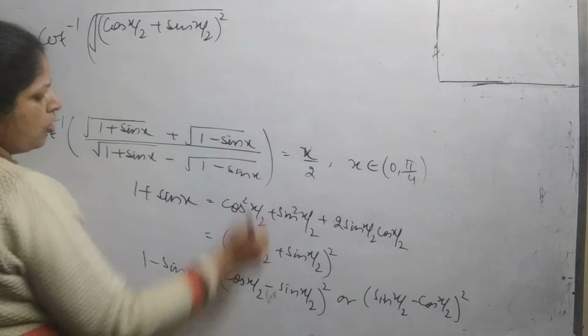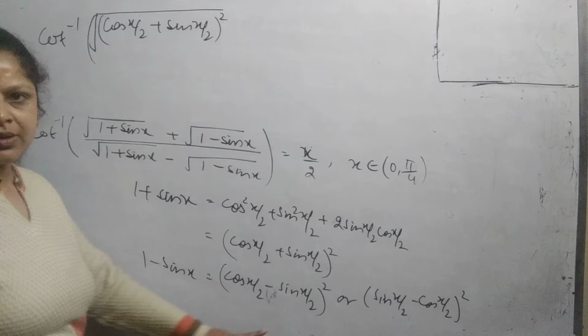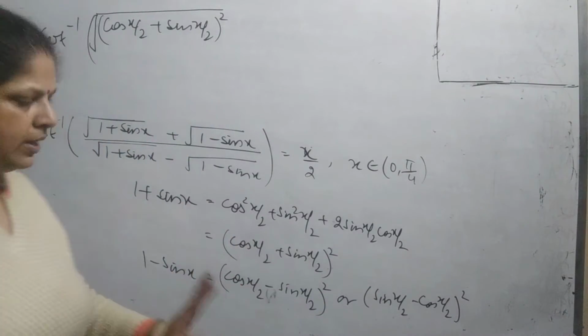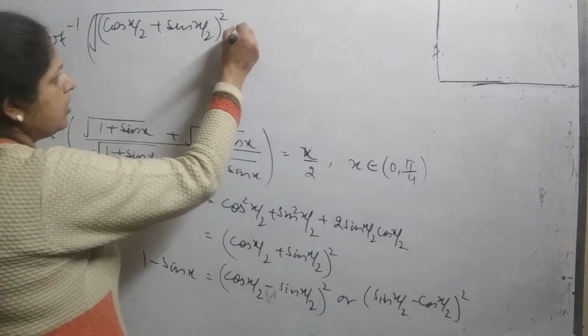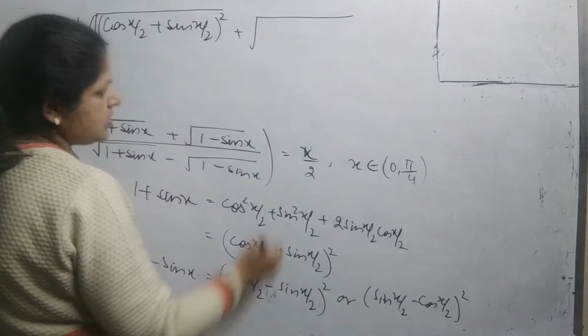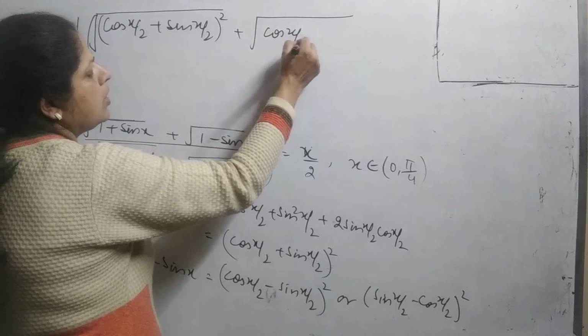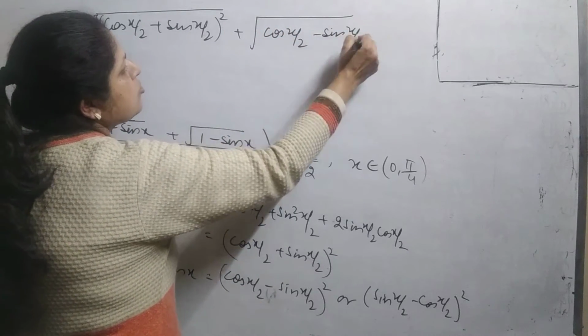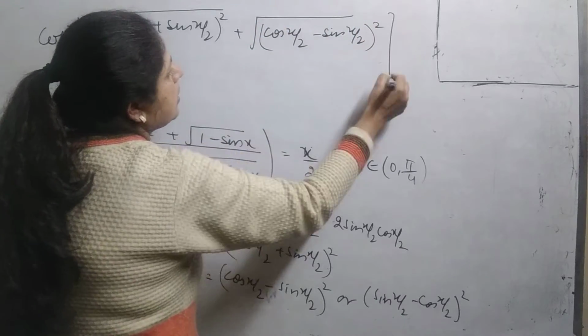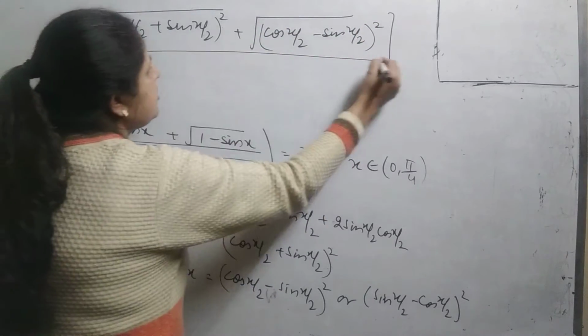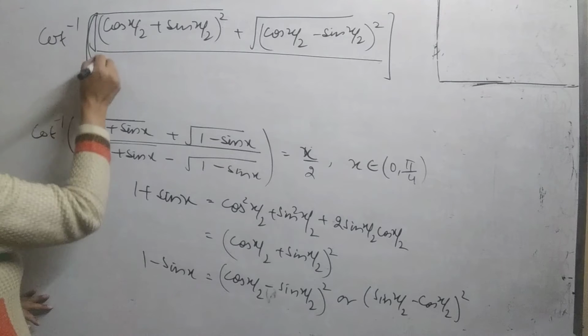Next term, without taking into consideration whether I write this or this, I can take any one. I am taking, for the time being, say cos x by 2 minus sin x by 2 whole square under root. And in the denominator also, I will do the same replacements.